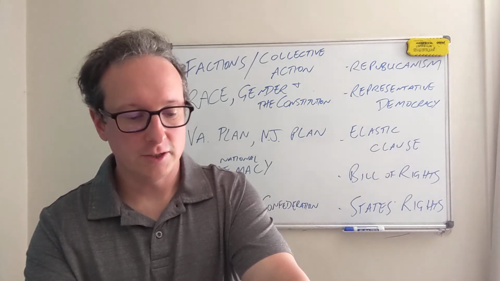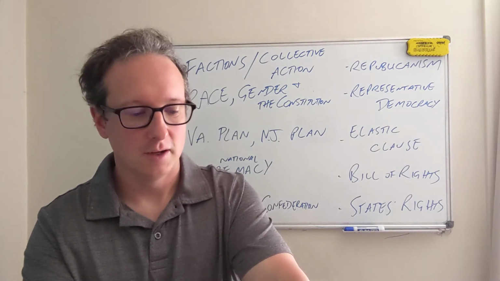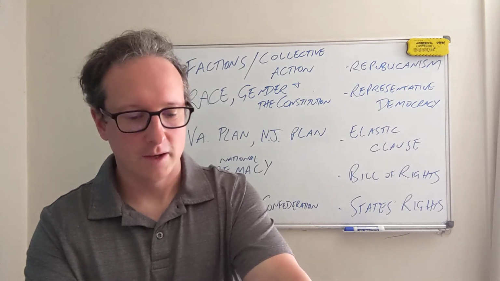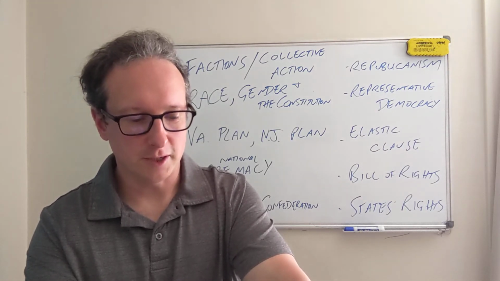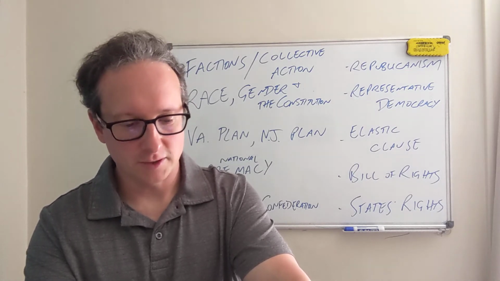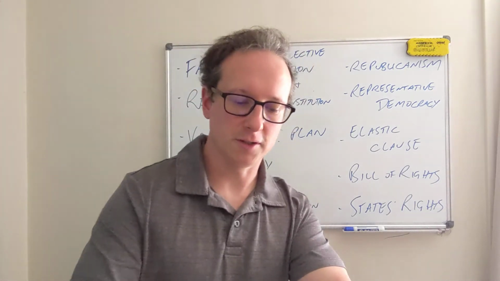So New Jersey really just wanted to stick with everything the way it was, and maybe add another house, but it was all state-based. So these were two very different positions. It was called the Virginia Plan because Madison from Virginia was the one who wrote it, and New Jersey was a counter-argument from the delegate from New Jersey.